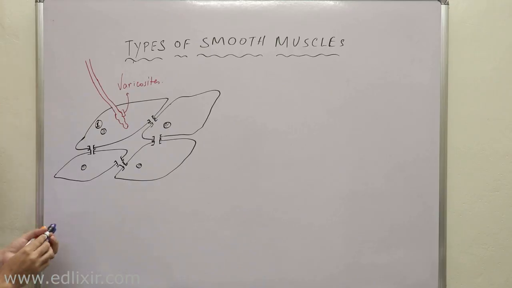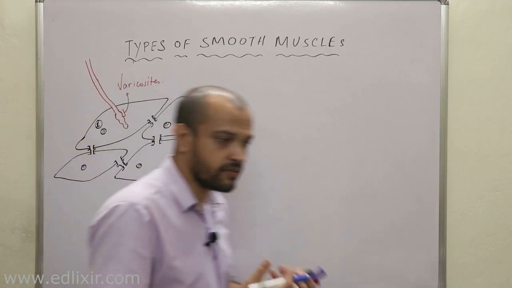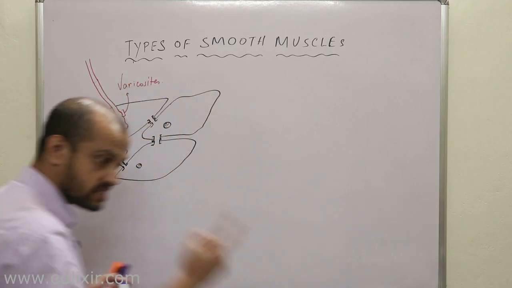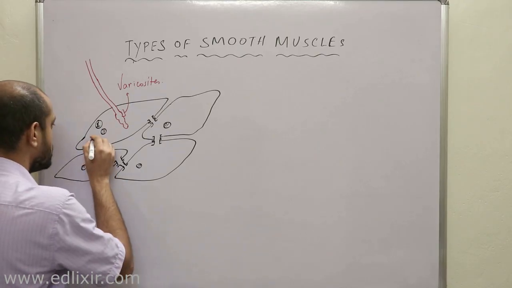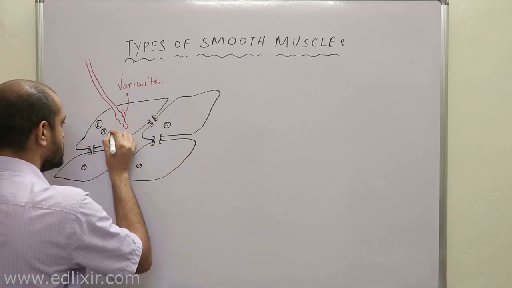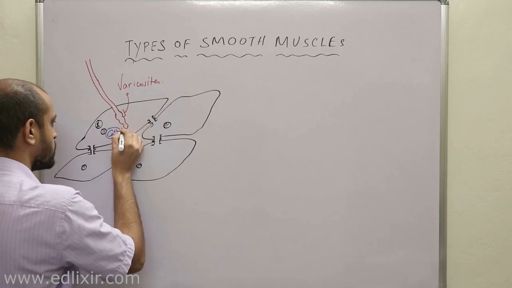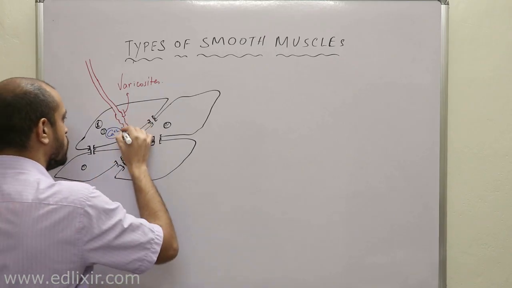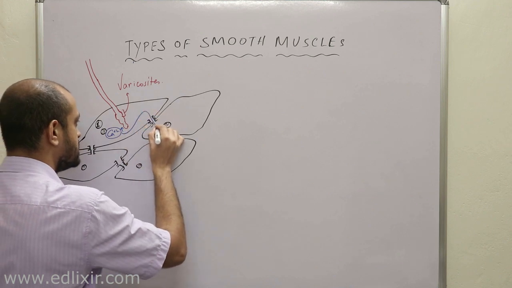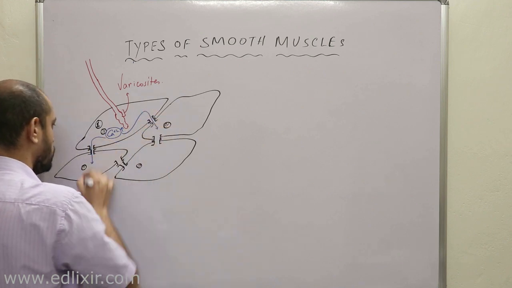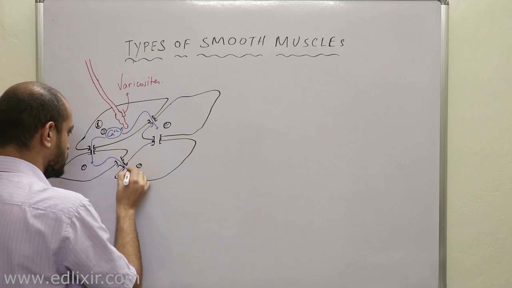Now, a very important point here we need to understand is that depolarization means what? Entry of calcium and all these things we know in case of smooth muscle. That means here in this first muscle, the concentration of calcium is high. Now listen, what will happen is, calcium will actually flow into other cells as well.